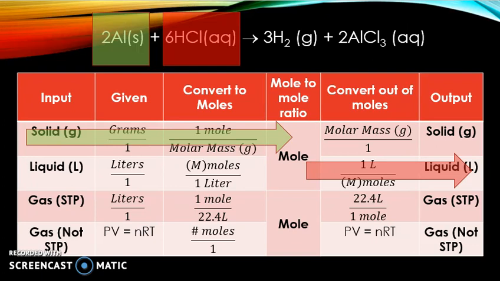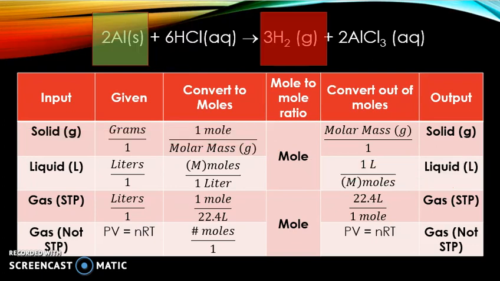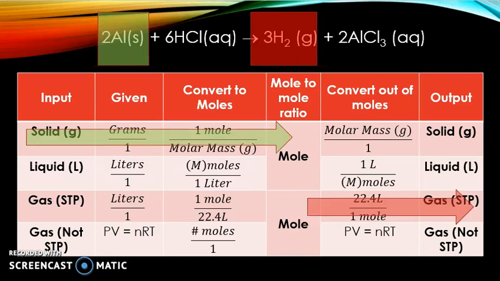So let's change the scenario a little bit. Let's say instead of being asked about the HCl, I'm asked about the H2 gas. And this is really going to depend on the conditions of the problem. Our pathway in the beginning is going to be the same, because the aluminum is a solid, there's really only one pathway forward. But my pathway at the end is going to depend again on the conditions.